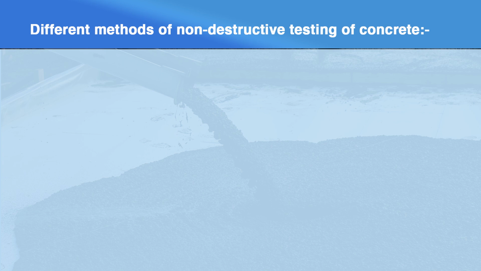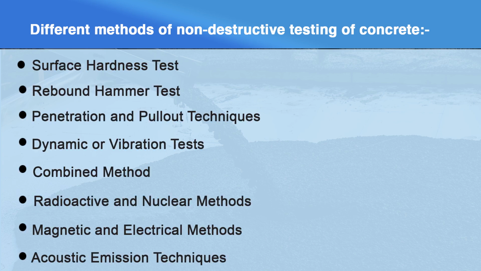The different methods of non-destructive testing are: number one, surface hardness test; second, rebound hammer test, this is the most common method; third, the penetration and pull out technique; dynamic or vibration test; combined method; the radioactive and nuclear method; magnetic and electrical methods; and acoustic emission techniques.